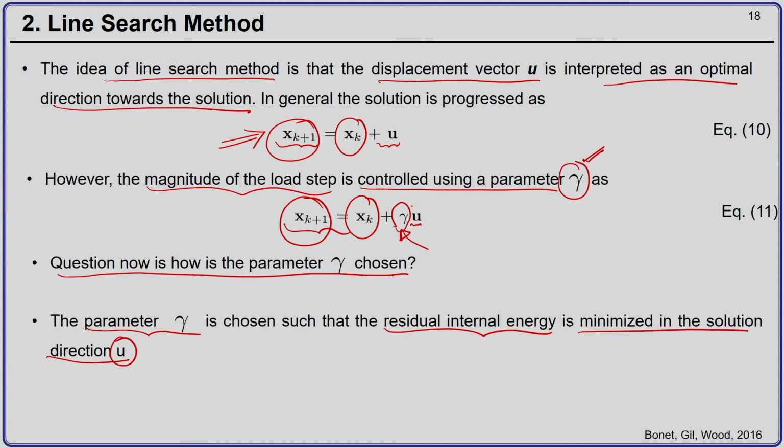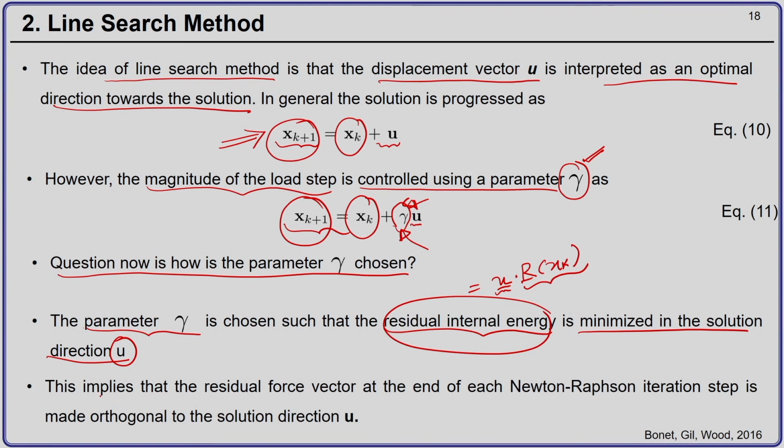So, this gamma will be such that the residual internal energy, that is the residual strain energy, which is given by the displacement vector u dotted with the residual force vector r, is minimized.